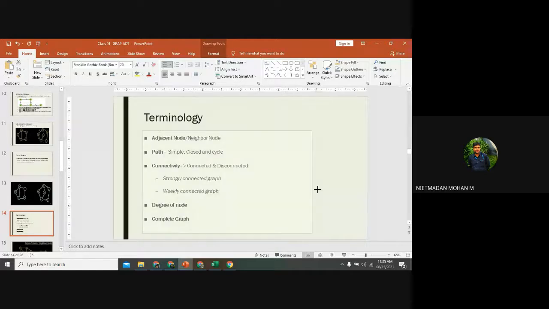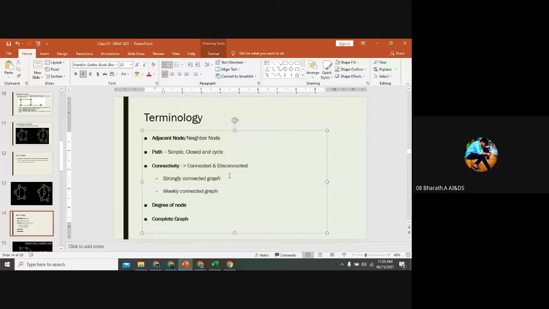Have you heard the term terminology in the tree? So what does it mean? Node, sibling, root, child, edges, whatever it may be.